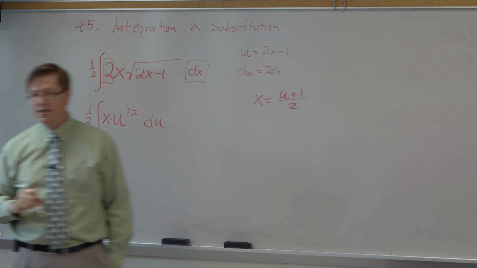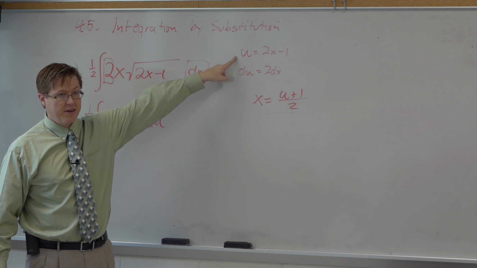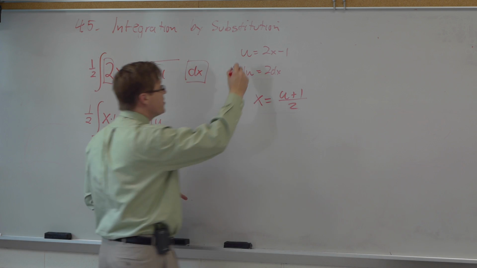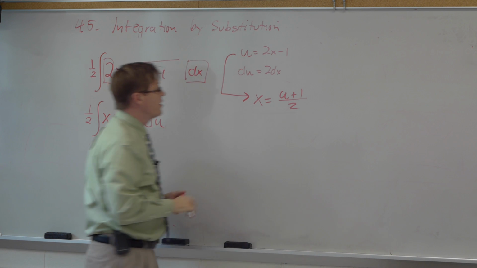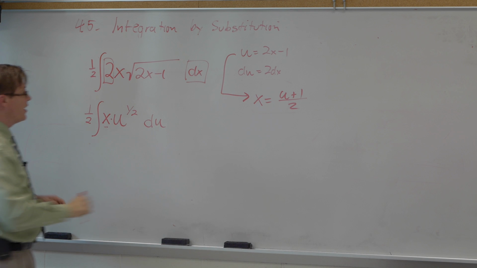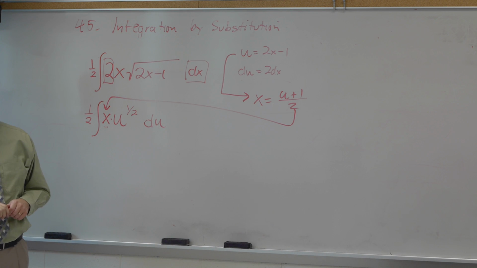Where do you get that? Exactly, because this substitution can be written in multiple ways. So if I take that same substitution and solve for x, then that's completely valid. X is (u plus 1) over 2, and that can be plugged in right there.